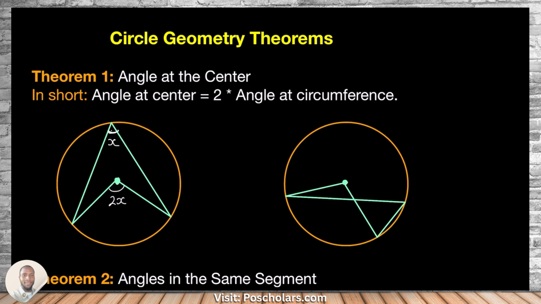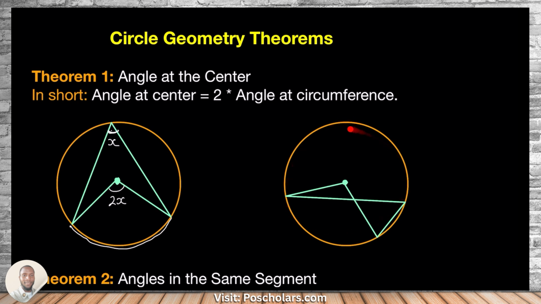Circumference. Now this is the arc, right? The angle at circumference is associated with this arc. While the angle at center is also associated with this arc. So that guides you on how to go about solving problems involving angle at center.